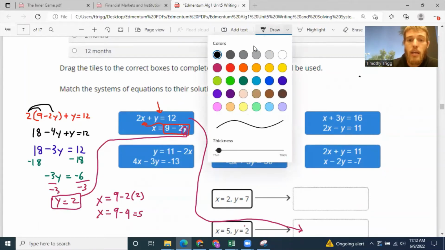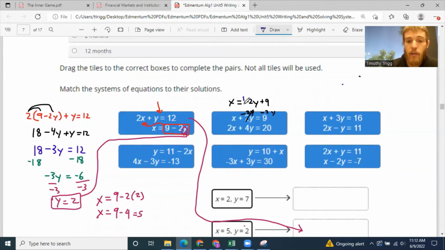Now what we could do is take that value that we just found for x and substitute it into the bottom equation for x. So let's go ahead and rewrite this bottom equation. It is going to become 2 times negative 2y plus 9 plus 4y, and it still says equals 20.